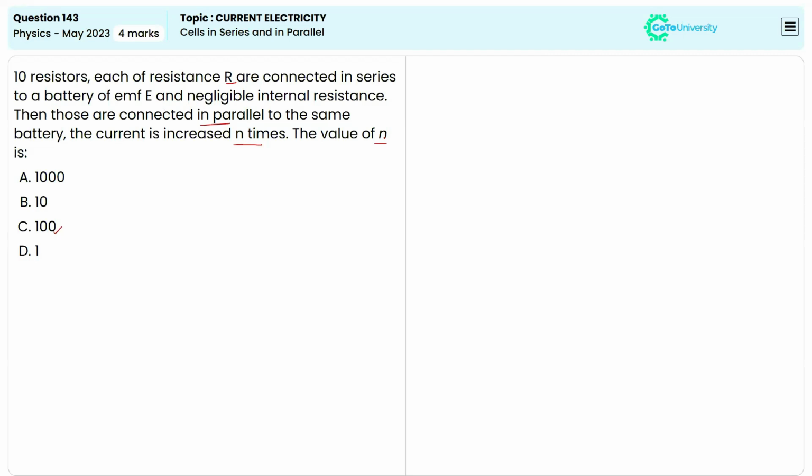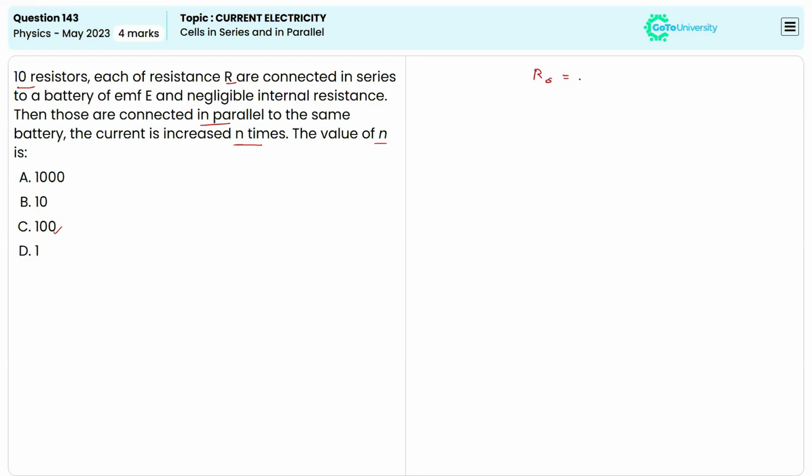It's known that when resistances are connected in a series connection, the total resistance will be equal to the sum of the individuals. It's given in the question that 10 resistors each have an equal resistance, right?